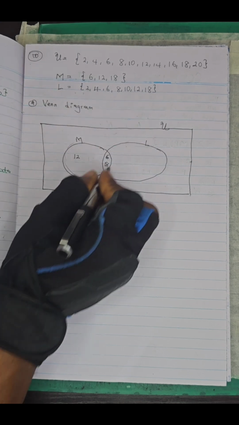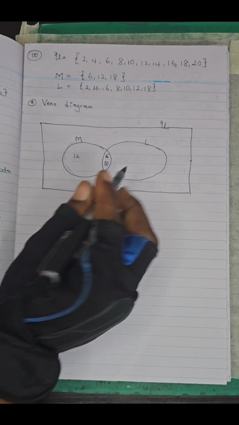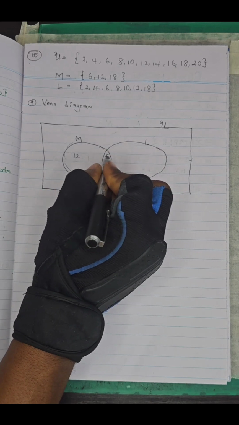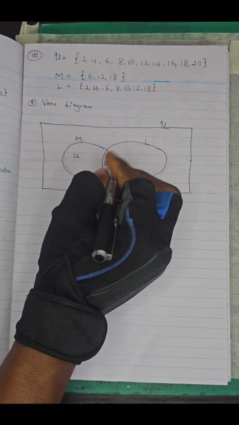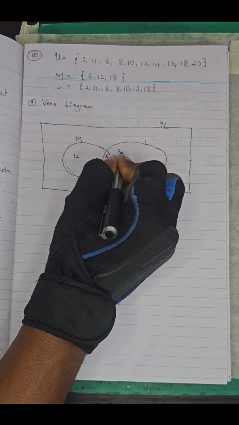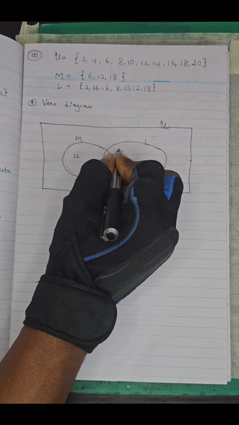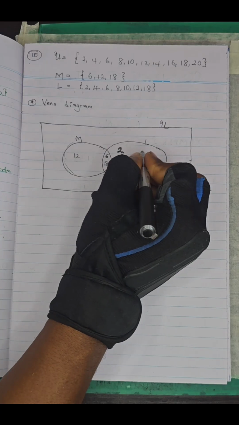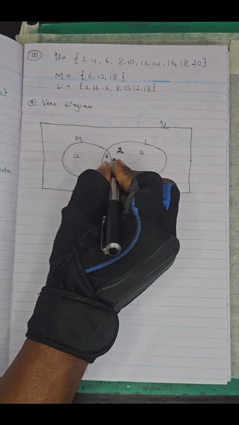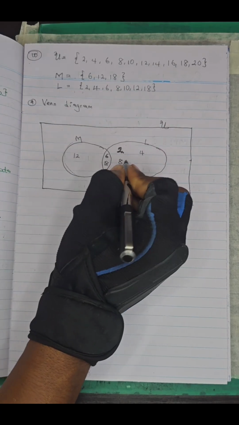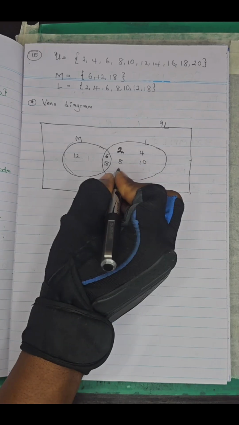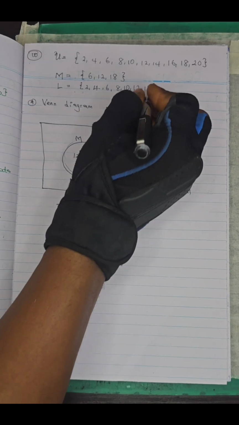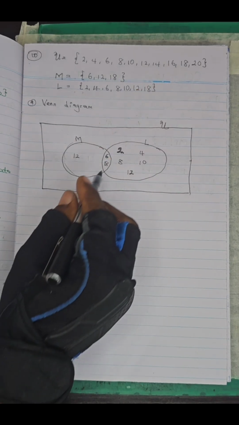Make sure that the circle that has M has everything without repeating. Go to L. You are writing everything except 6 and 18. So you have 2, 4, 6 already so leave it, 8, 10, 12. You don't need to repeat 18. So you're coming for the universal set.